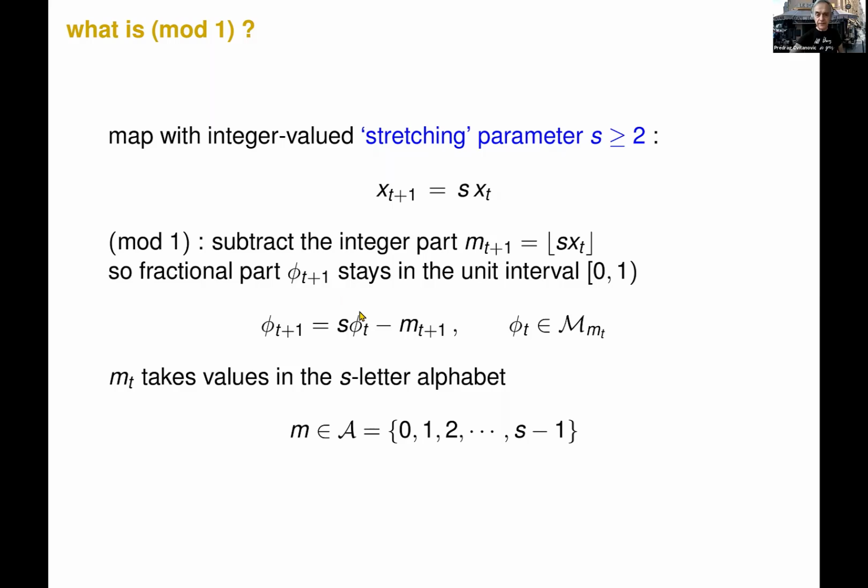And now I have a field, what I'll call a field at time t. You'll see why. I can specify my whole trajectory through this space of repeated coin tosses by saying it's face or tails, or if it's a loaded dice, it has 6 possible values. So I have an alphabet, and that's the integer part of this.